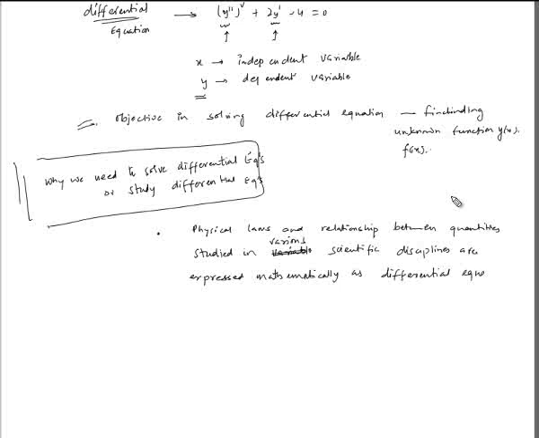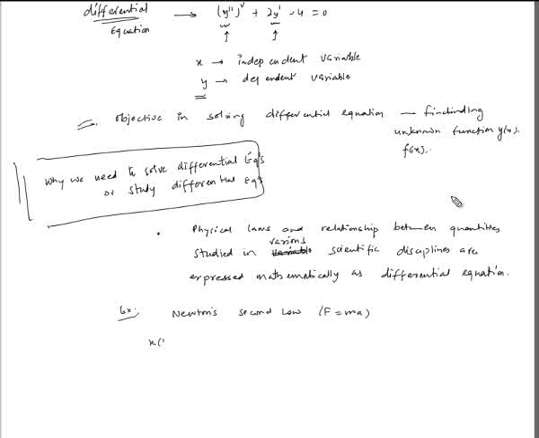How many of you are familiar with Newton's laws? So if you recall Newton's second law, which is basically F is equal to ma. But how do you express it?